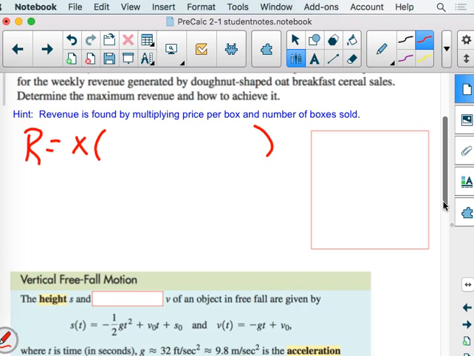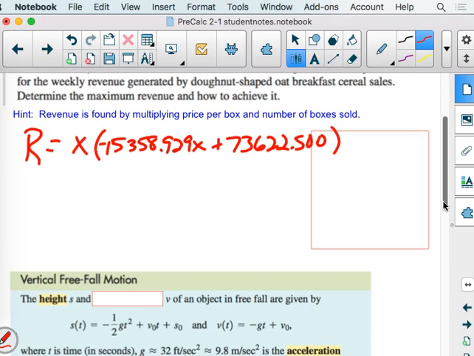It was negative 15,358.929x plus 73,622.500. So if we want the revenue, what we have to do is just distribute. The number of boxes sold times the price per box.